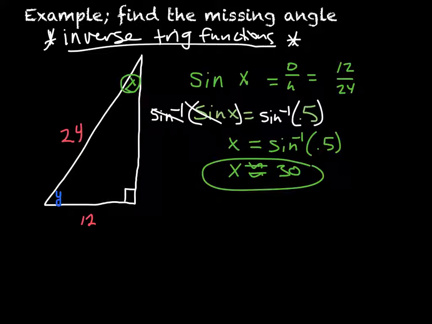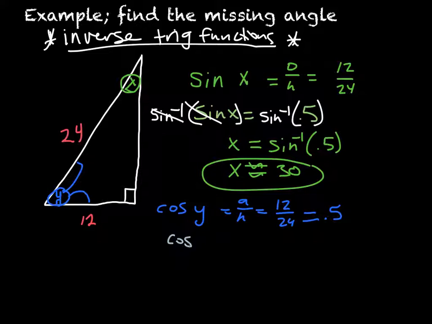Now the last one is the y. For y, we're going to use the side adjacent and the hypotenuse. So that is cosine. Cosine of y is equal to adjacent over hypotenuse, which is equal to 12 over 24, which is obviously equal to 0.5. So I have the cosine of y is equal to 0.5.